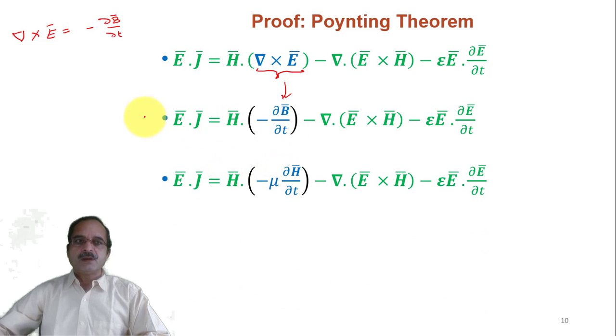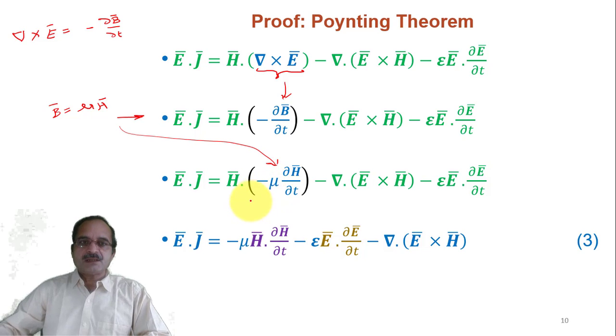Now for this B in this equation, we substitute B equal to mu H. So substituting B equal to mu H, that is the next step. So this gives us minus mu dH by dt.